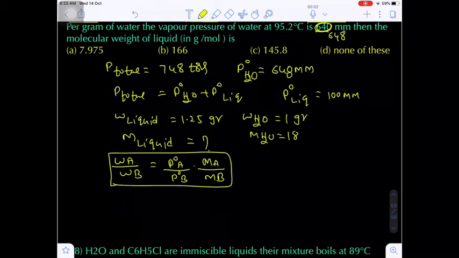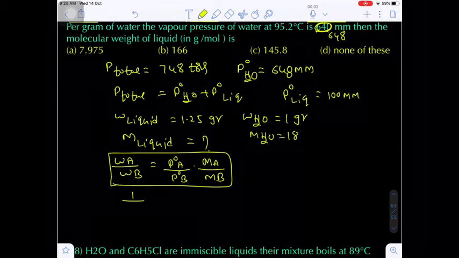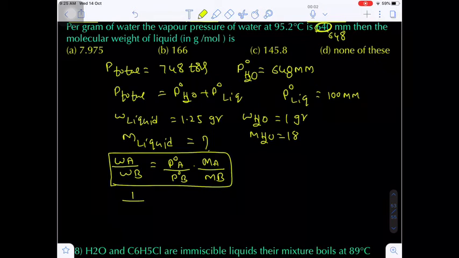What is the weight given here? W_A is equal to 1 gram.